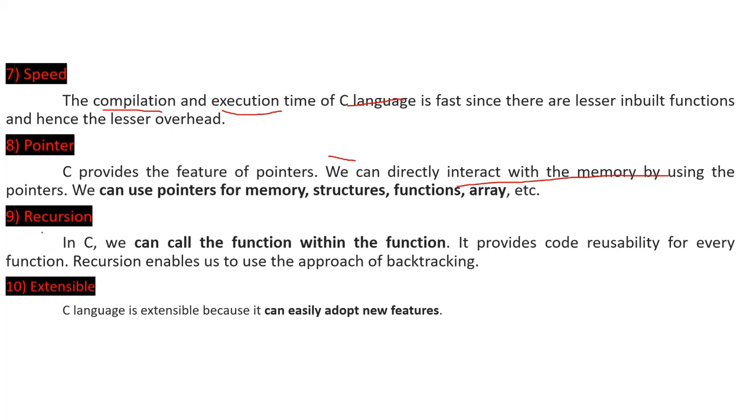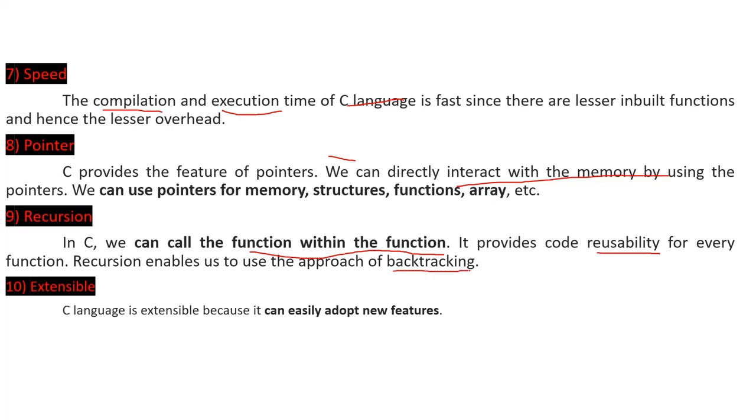Next, recursion. The word recursion means reusability. In C, we can call a function within the function. It has that feature. So it provides code reusability for every function. Recursion enables us to use the approach of backtracking.